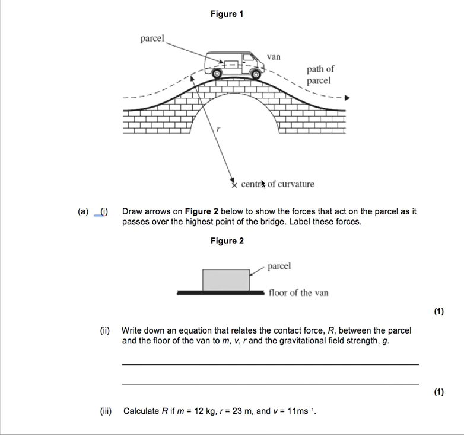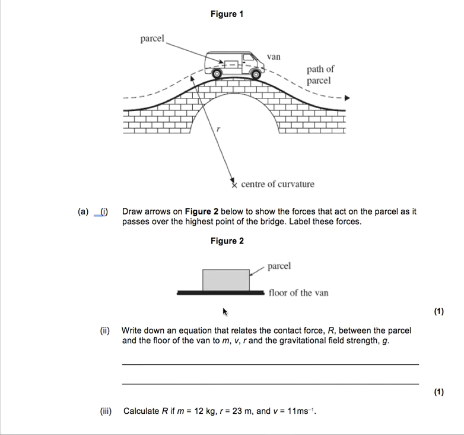So you're going to have the reaction vertically up, and you're going to have the weight acting down, and I would show the reaction being shorter than the weight to show that there is a resultant force towards the centre of the circle.